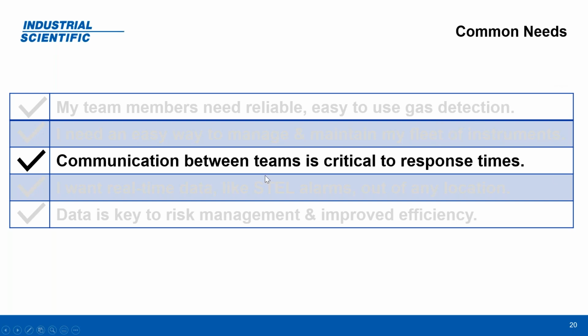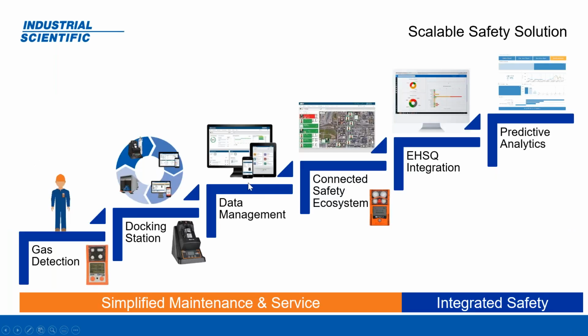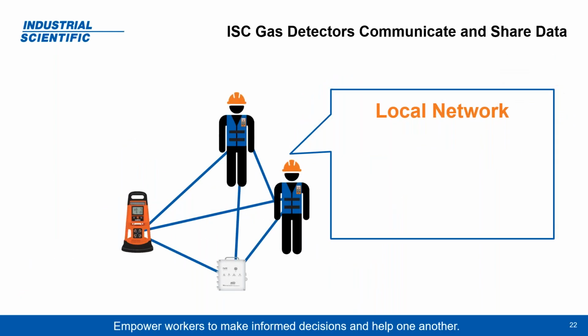And something else that we can address through Industrial Scientific. And when we look at that, we look at our connected safety ecosystem with instruments like the Ventis Pro and the Radius to be able to bring teams together and connect teams and take gas detection up to the next level.